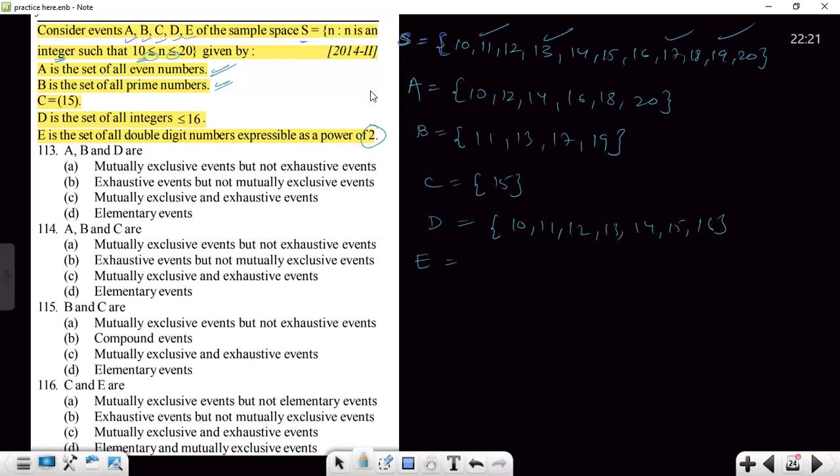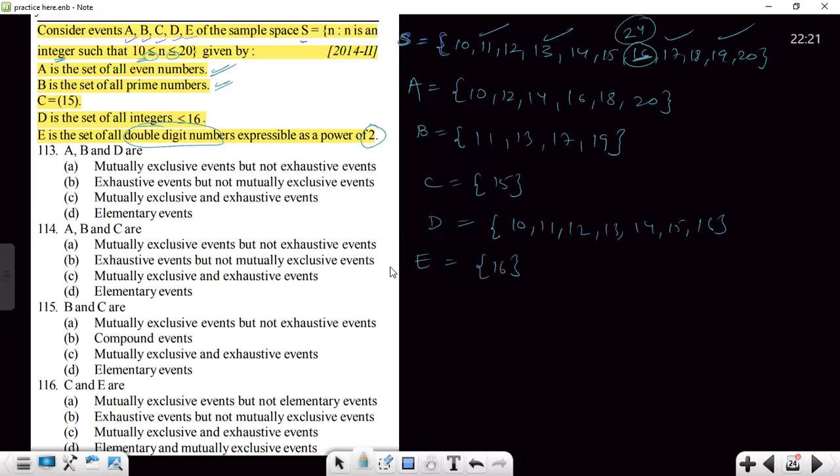So 2 raised to power 1 is 2, then 4, 8, and 16. 2 raised to power 4 is 16, a double-digit number, and nothing else is there. So E has only a single element, from my perspective. Am I correct? Yes, sir.